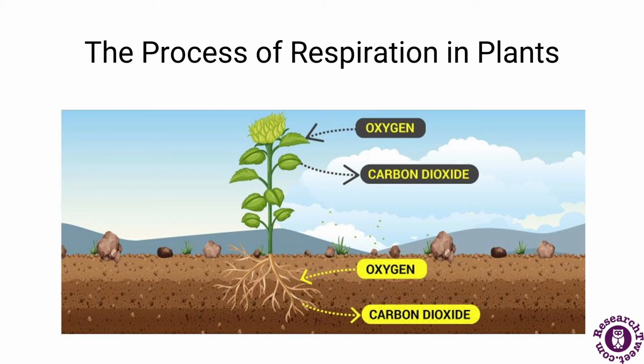Respiration is a process that occurs all day, but the photosynthesis process occurs only in the daytime, that is, in the presence of sunlight only. So the respiration becomes evident at night time in the plants.